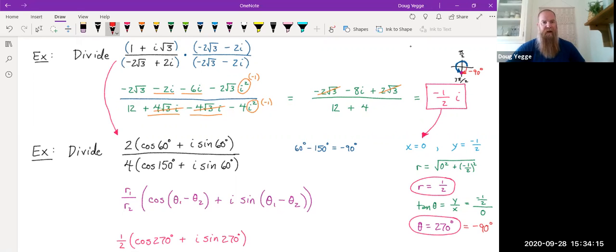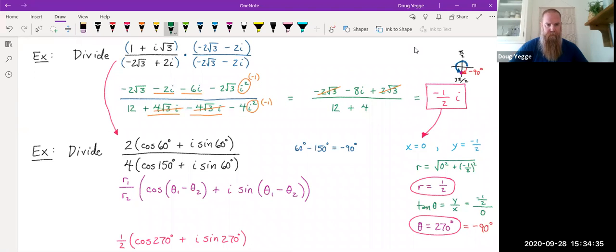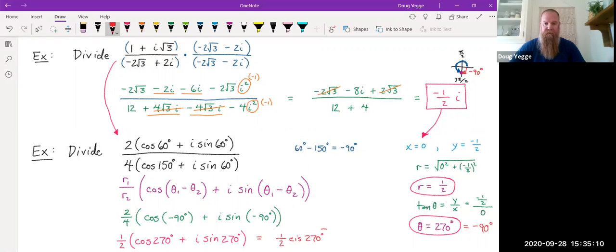And therefore, by this formula, we can see that the formula gives me 2 divided by 4 times cosine of 60 minus 150, which is -90 degrees, plus I times sine of -90 degrees. But notice -90 degrees is coterminal to 270 degrees. And therefore, by using our formula again, our answer simply becomes 1/2 cis of 270 degrees.